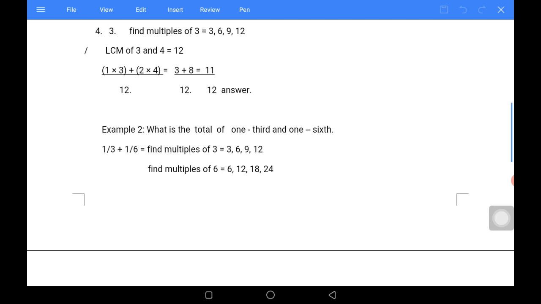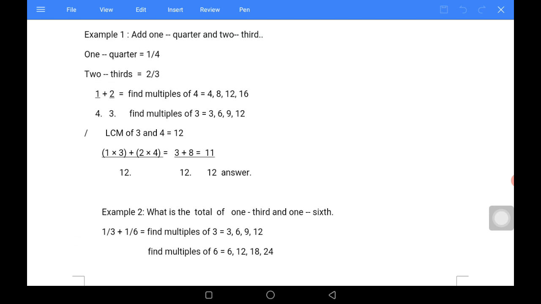Now, 4 goes in 12 how many times? 3 times. We multiply this 3 times 1, which is the numerator on top of the 4. Plus, 3 goes in 12 how many times? 4 times. We multiply this 4 times 2, which is the numerator on top of the 3.